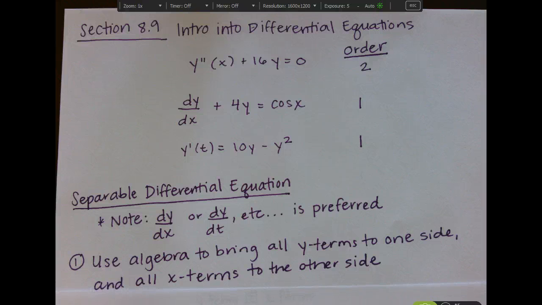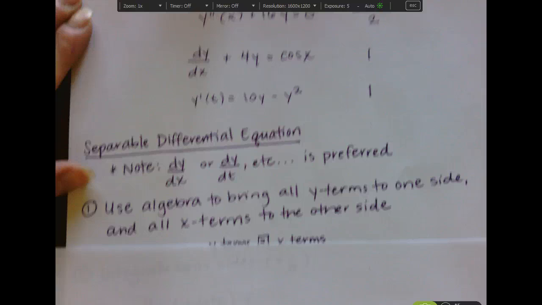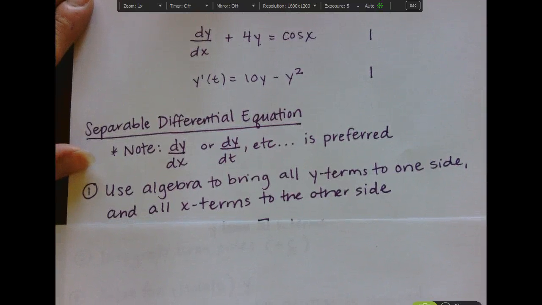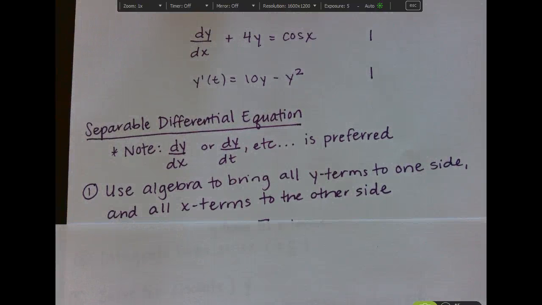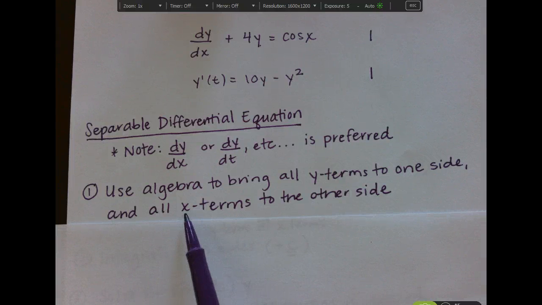Once we've done that, the first idea is to actually separate the differential equation. Since it is separable, then we need to separate it. That means to use our algebraic manipulation so that we're bringing all of our y terms over to one side of the equation and then all of our x terms over to the other side. Now I say x, but really that could be any variable.